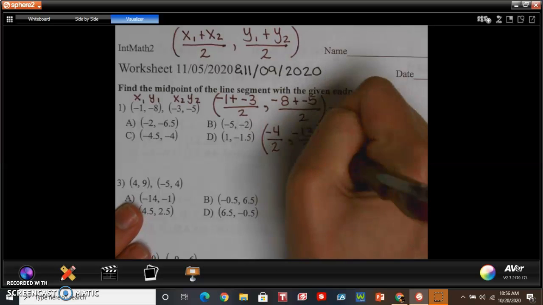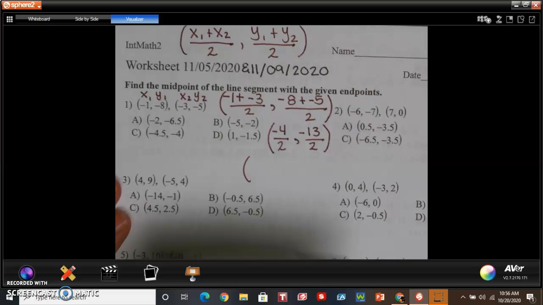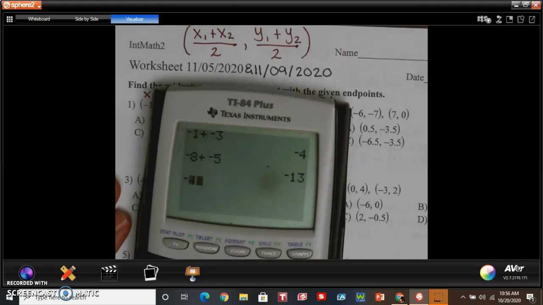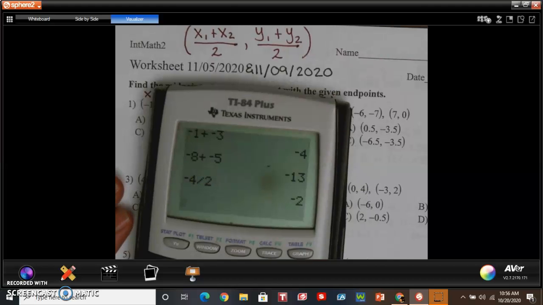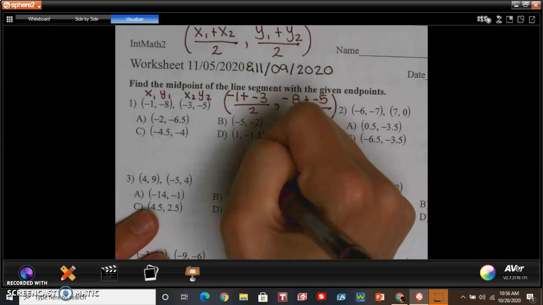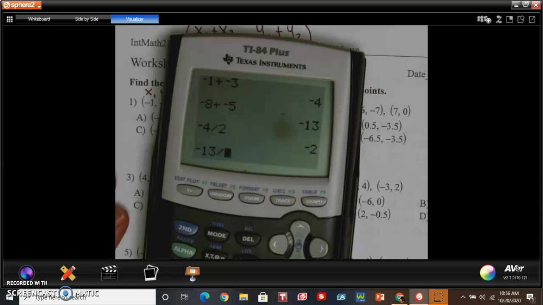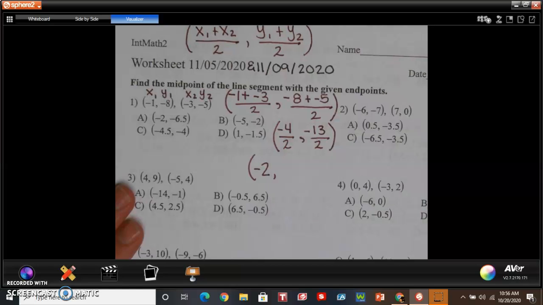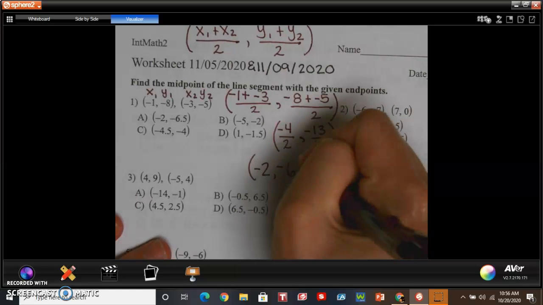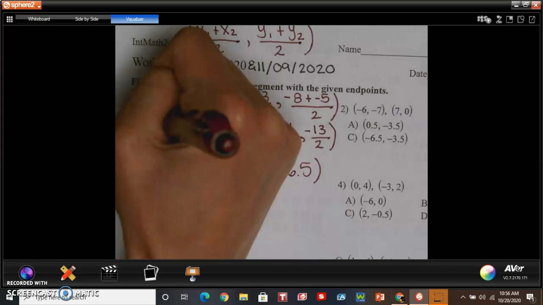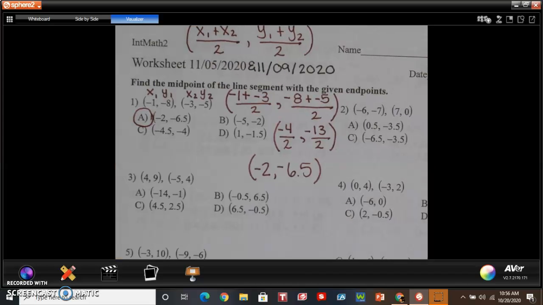Please continue using your calculator to make sure you get the correct answers. So now we're going to take -4 divided by 2, and we get -2. And then we're going to do -13 divided by 2, and we get -6.5. And then you'll circle your answer.